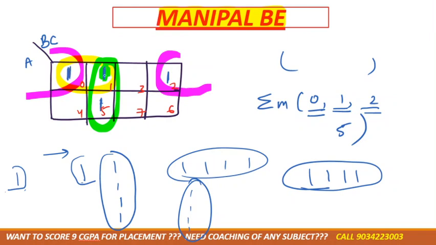These two 1s are sitting horizontally, they'll become a pair. This one and this one are on the corner but they are on the same row, so this will become a pair. Okay, understood? So we have to prefer that more number of 1s should be included.